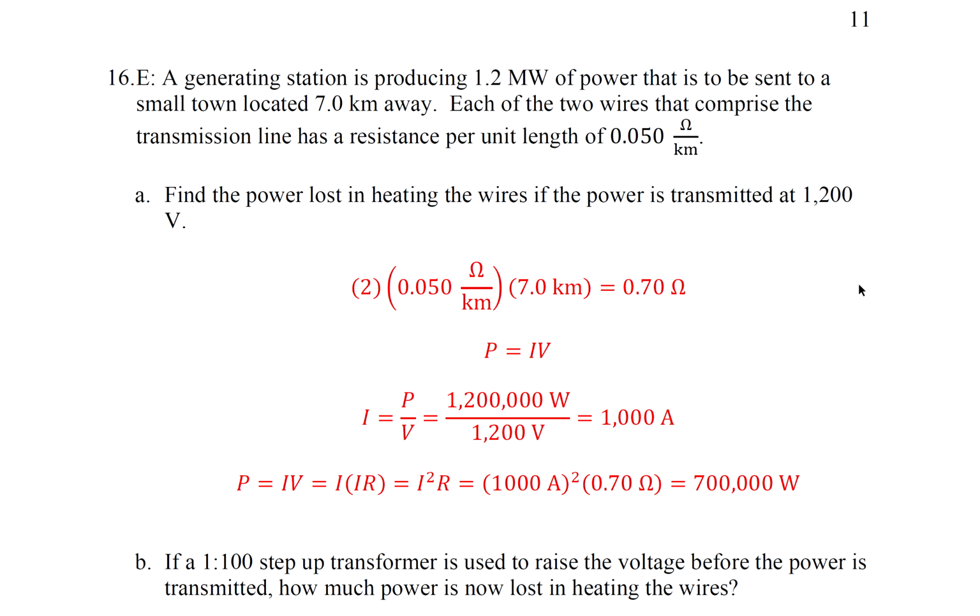Part A, find the power loss in heating the wires if the power is transmitted at 1200 volts. So, first step, we have to convert ohms per kilometer to ohms. We know P equals IV, so we could solve for I. And we know P equals I squared R.